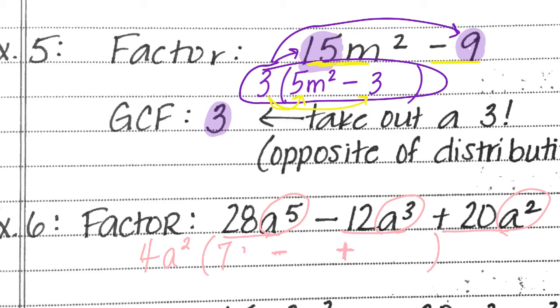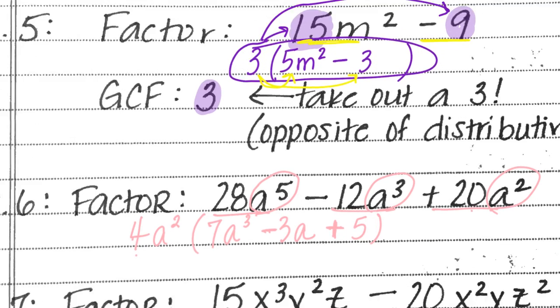A squared out of a to the 5th, well, I'll have a cubed left over. 4 out of negative 12 is 3. A squared out of a cubed is a. 4 out of 20 is 5. And the a squares will cancel out. So I'm going to move my little end parenthesis here. All right, let's try one more.